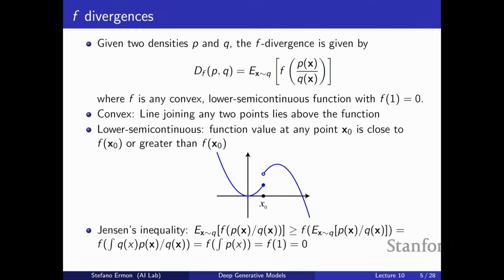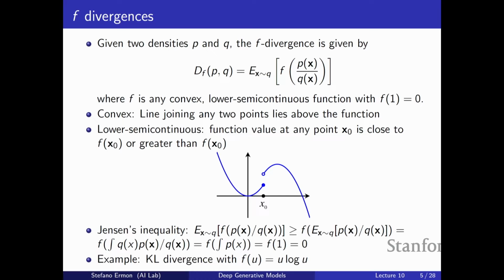In general, it's going to be greater than or equal to 0, and so it makes for a reasonable objective function to try to minimize. So we could have one of P and Q be the data distribution, the other one be the model distribution. Then we can try to minimize this as a function of the model.